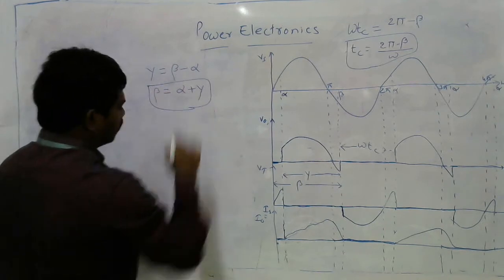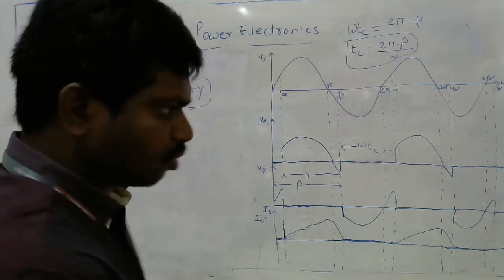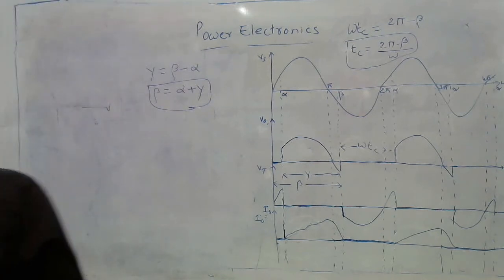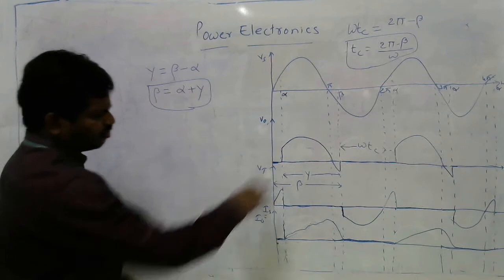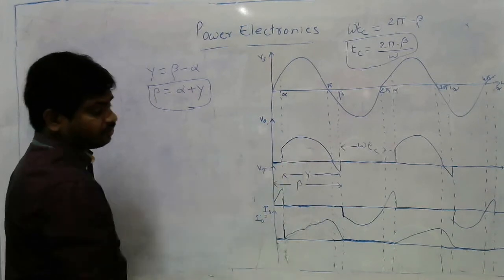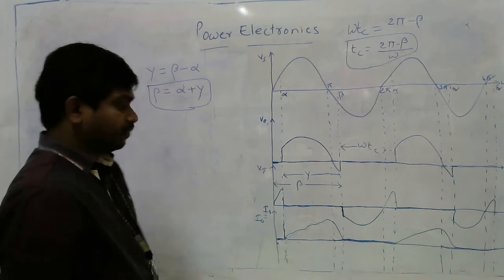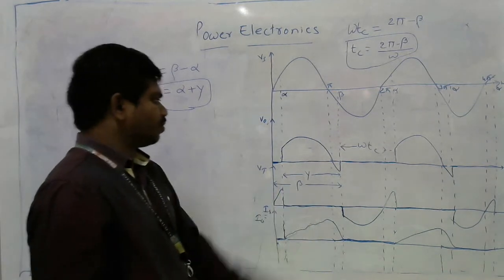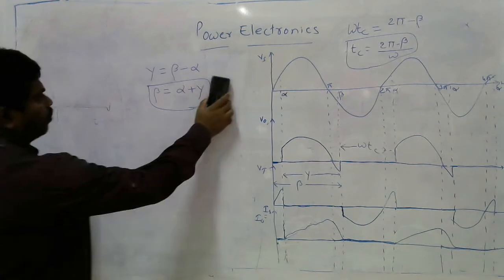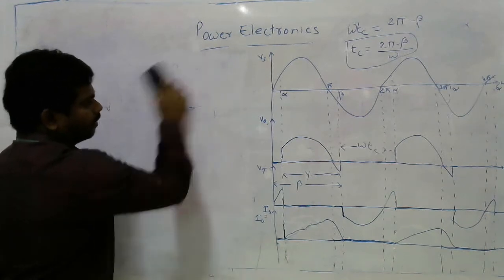This is very important when we go for competitive exams, so please remember this relation. Once you observe the waveforms very clearly, it's very easy to get the relation between alpha, beta, gamma. It's very clearly given over here.